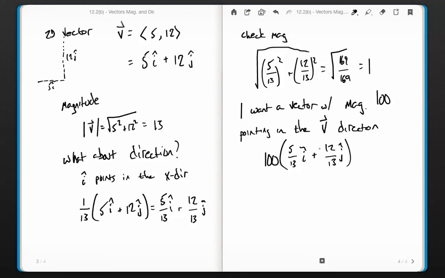So this, I'll do in a different color. This provides direction only, magnitude 1, direction of v, and this scales it.